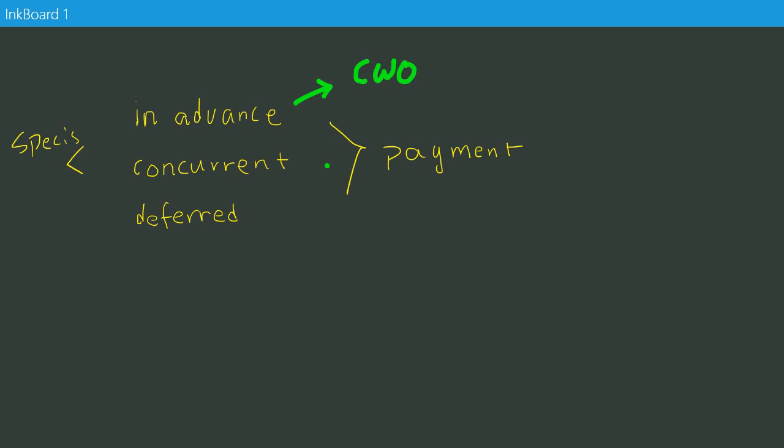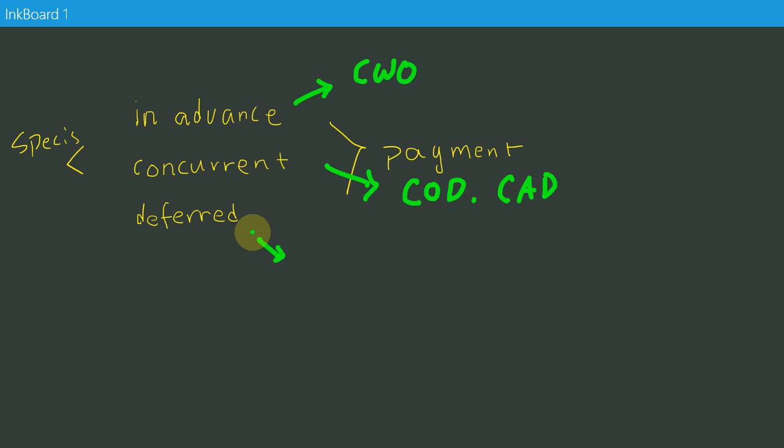Concurrent payment, I have, for instance, cash on delivery, cash against the document, right? This is representing concurrent payment. Deferred payment is on credit payment, payment paid later on after collecting product, right?